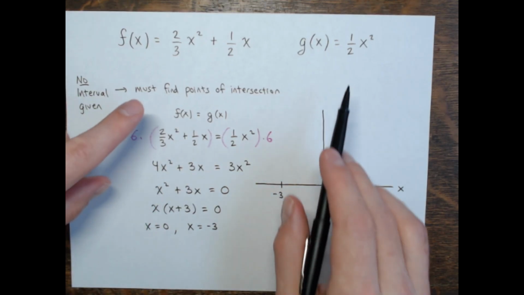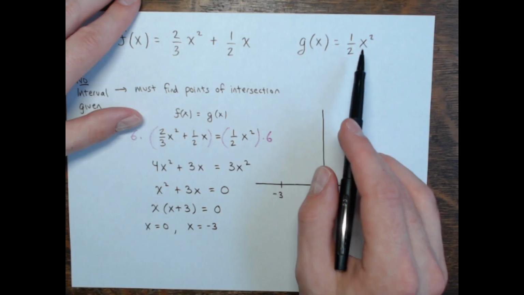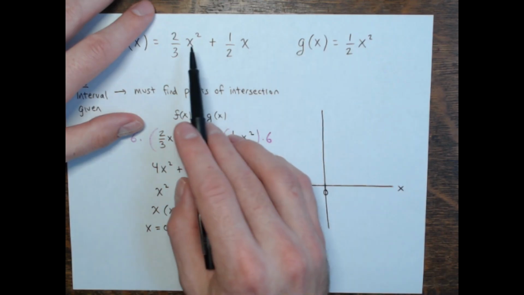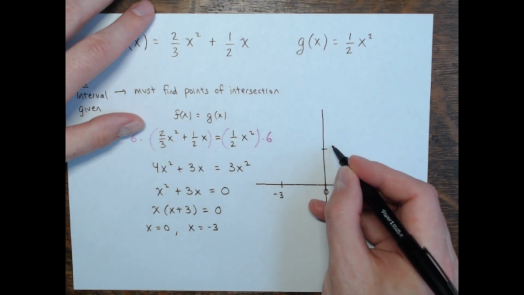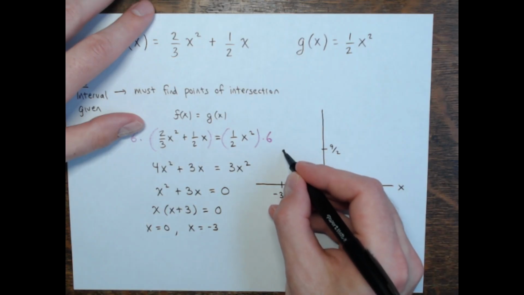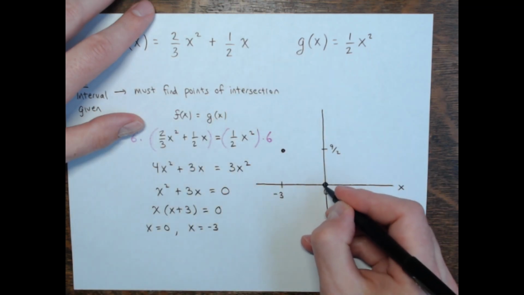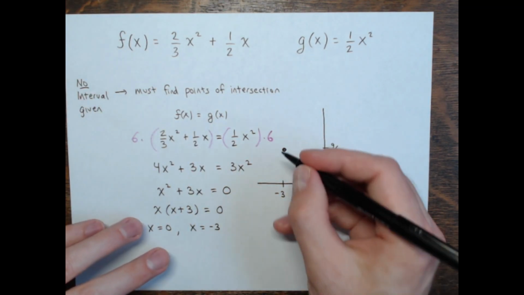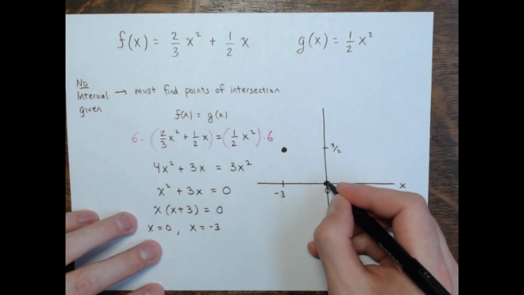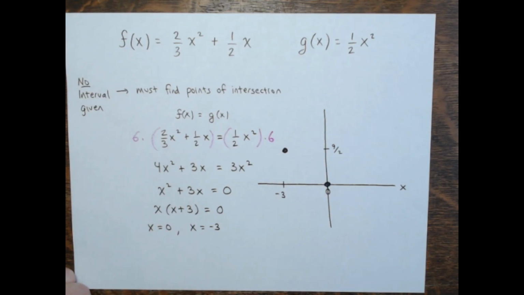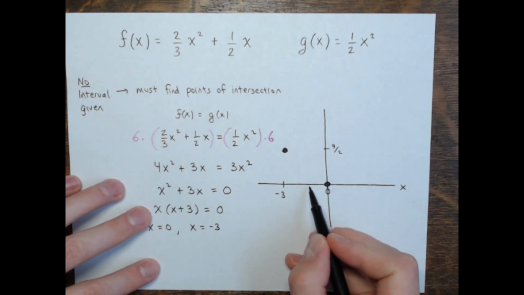These are the x values where these two will meet. At -3, both of them will have a value of 4.5 or 9/2. They're supposed to meet. So here's a 9/2. And at 0, they both have a value of 0. Now it's just a matter of which one is the top one and which one is the bottom one. You could plug in another value to determine that.